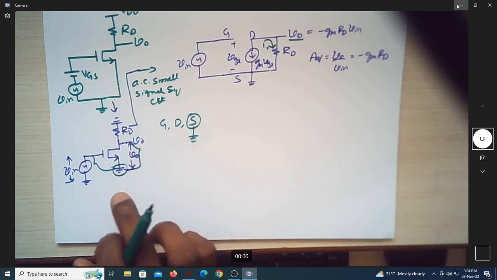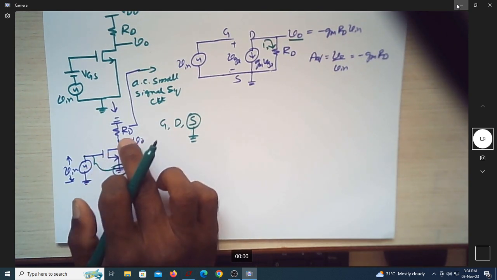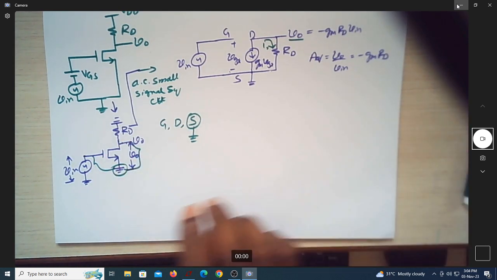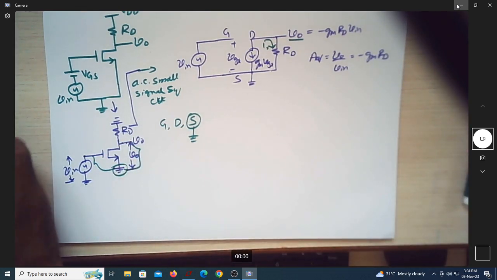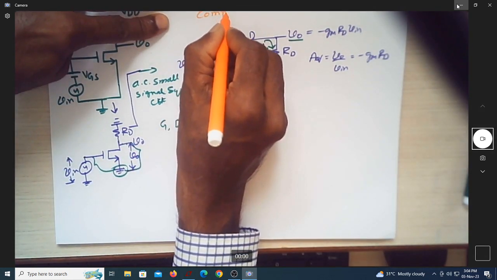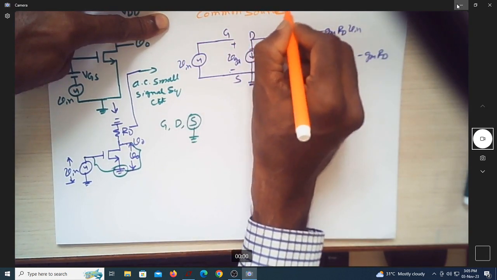We call such amplifiers, where input and output are measured with respect to the source, a common source amplifier. So what is the name of this amplifier now? It is called a common source amplifier.